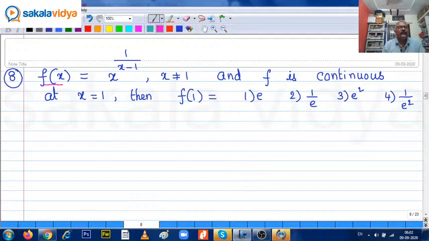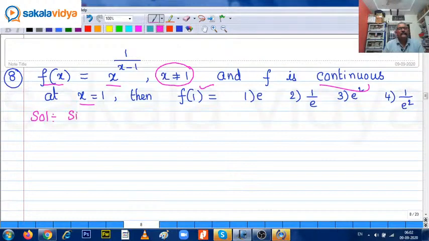See, f of x equals x raised to 1 upon x minus 1 when x does not equal 1. Then f is continuous at x is equal to 1. What is the value of f of 1? Directly we can write like this.